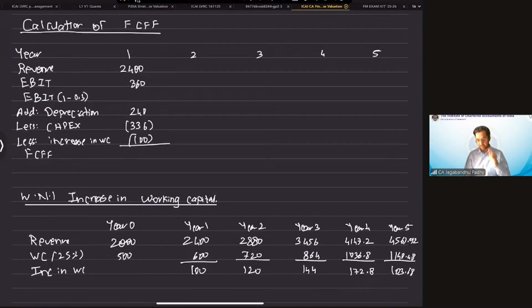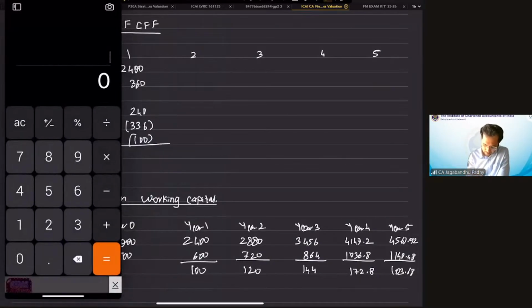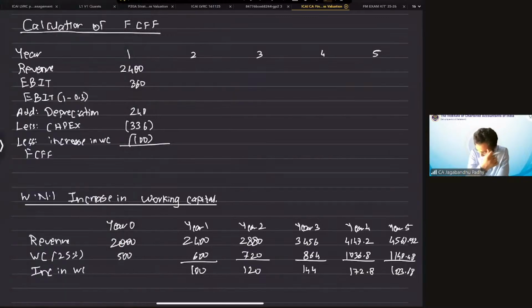First we need EBIT into 1 minus T, which is 360 into 0.7, which is 252.